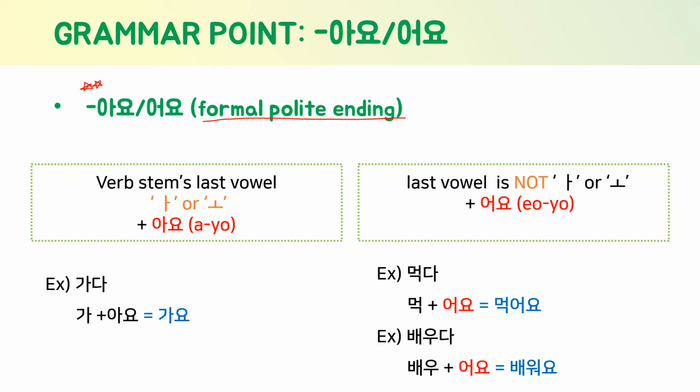So for conjugation, if the verb stem's last vowel is a or o, then you add ayo at the end of the stem. So here, 가다. Whenever the verb ends with 다, we call it the base form. It's the dictionary form.